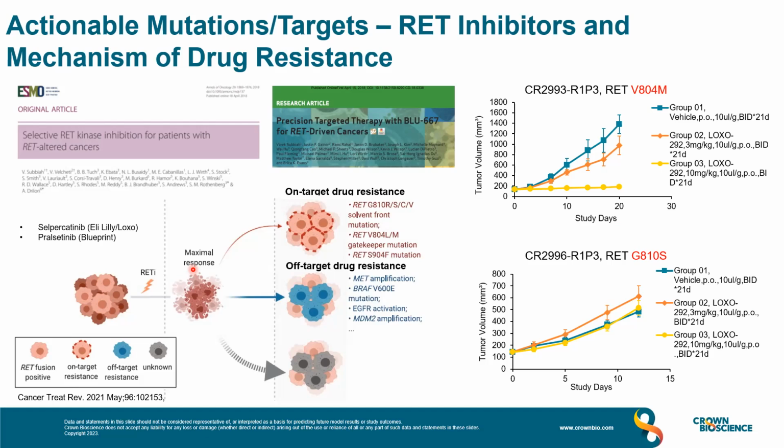There are also some publications shown here of some of the models from our colorectal cancer collection that were used in the studies. Despite the encouraging efficacy of these RET inhibitors, acquired resistance such as solvent front RET G810R, S, or C mutations occurs, and this has really limited their clinical benefit.